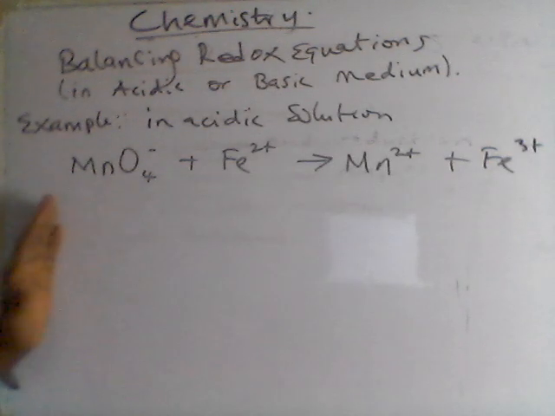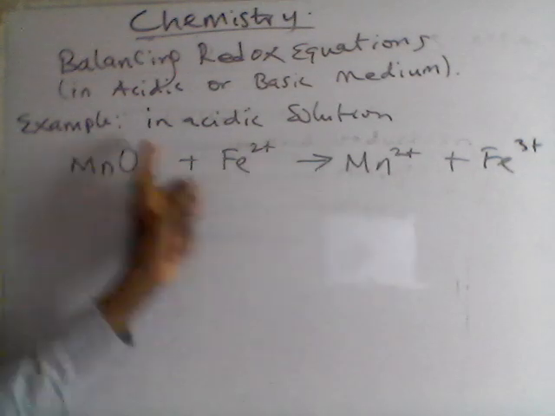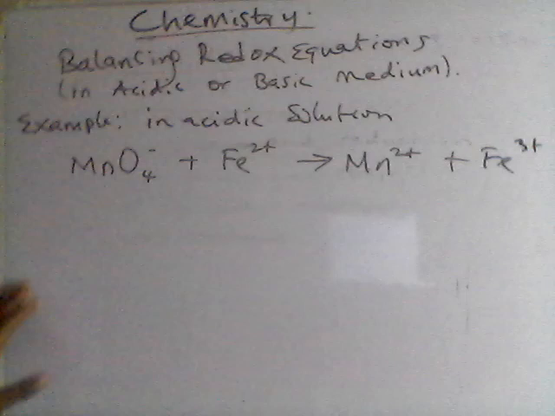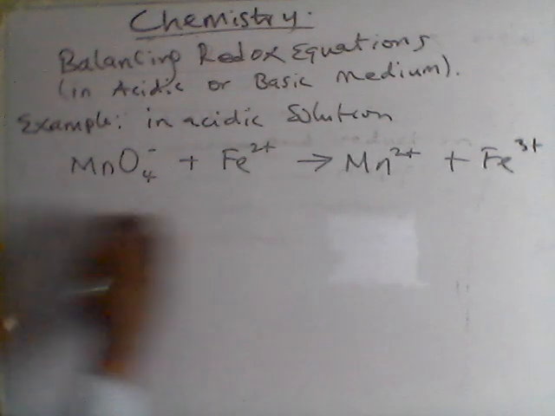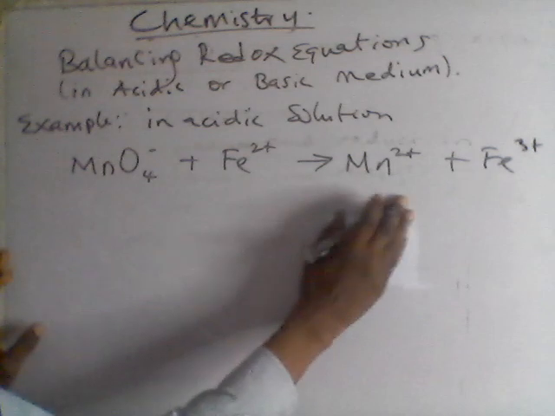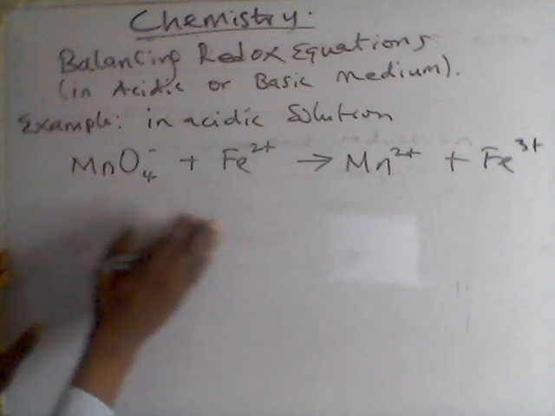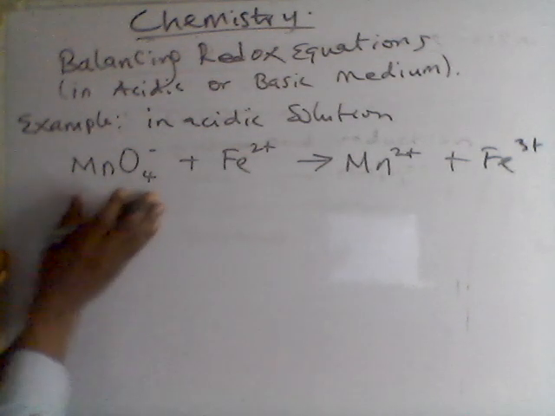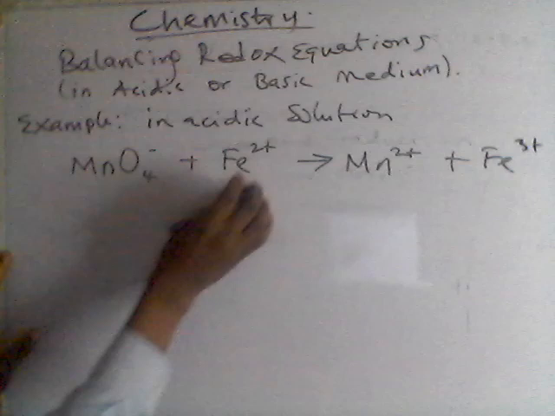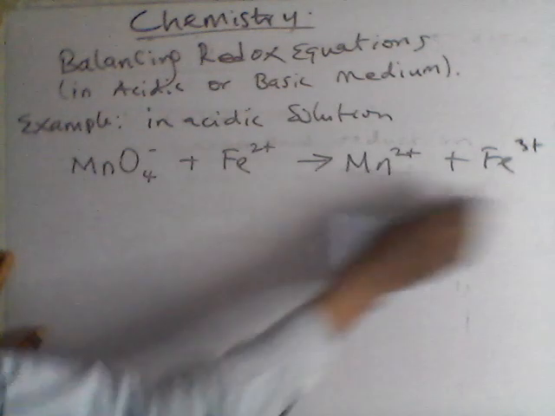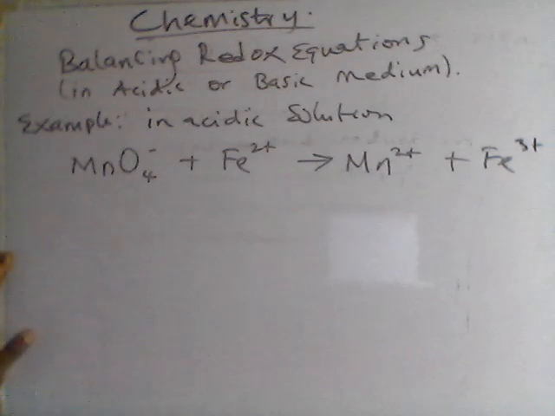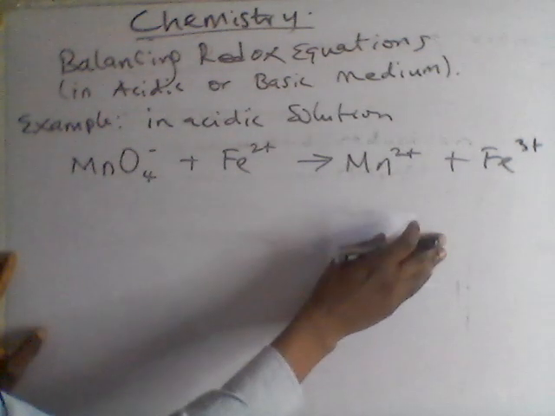Okay, so we have this equation on the board in acidic solution. That's what we are told to balance. This equation does not show the complete story, but because we know it's an acidic solution, we're just looking at the key elements in this particular reaction.